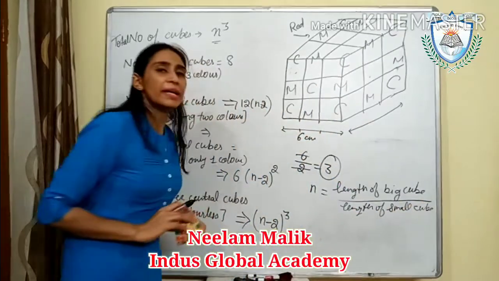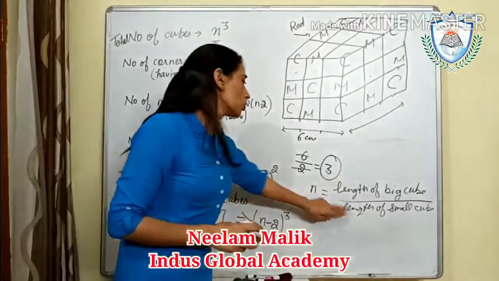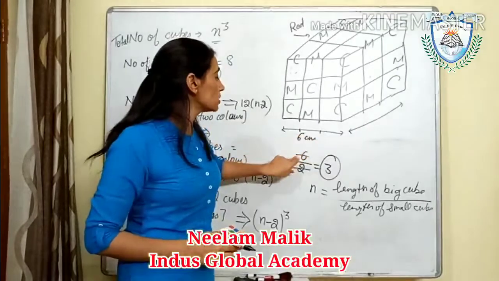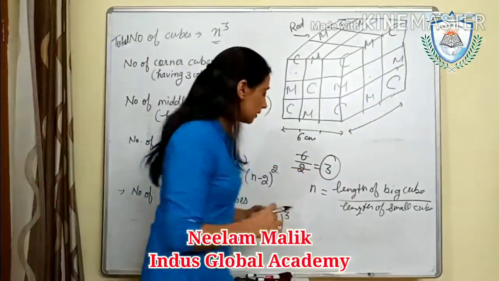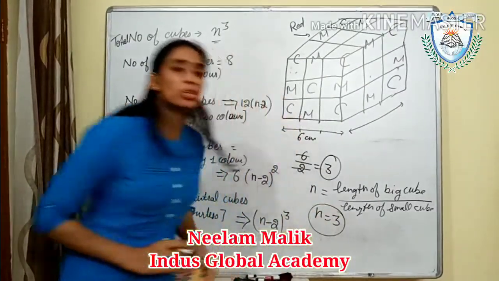Means we will divide the length of the big cube by the length of the small cube. See, like here the length of the big cube is 6, we divide that by the length of the small cube, that is 2. So what is n? n is here 3.